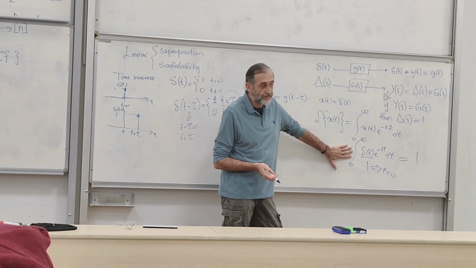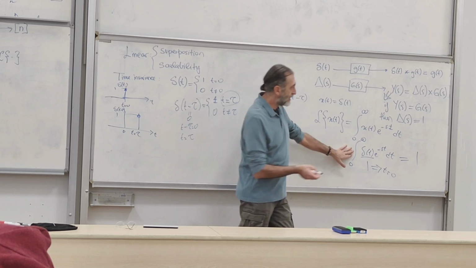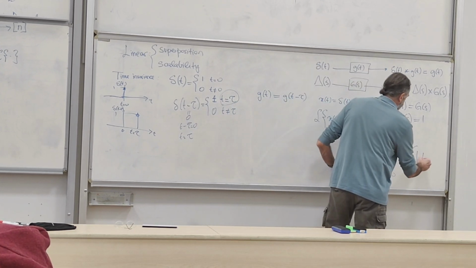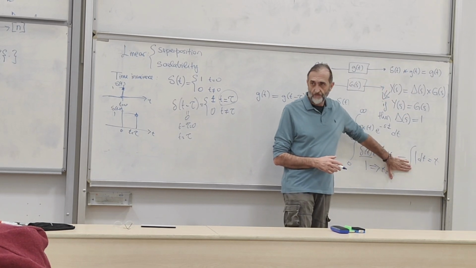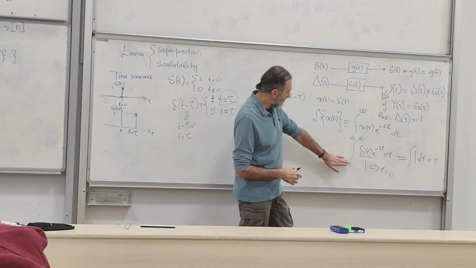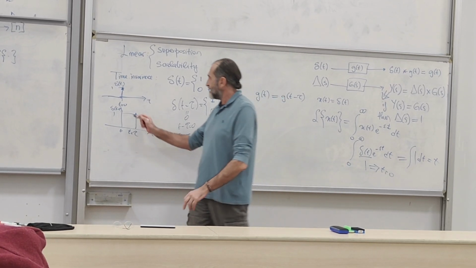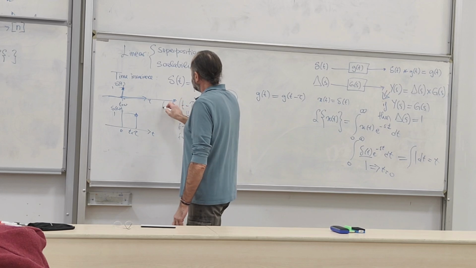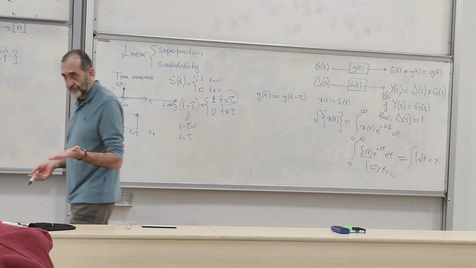So I don't have the integral anymore. If I still had the integral, then the integral of 1 dt would be t. But I don't have the integral anymore. Why? Because I'm only interested in that point, not the rest of the t goes to infinity part. Because it's 0. Make sense now?